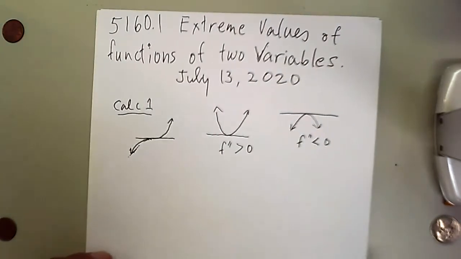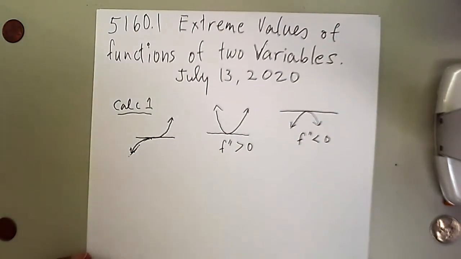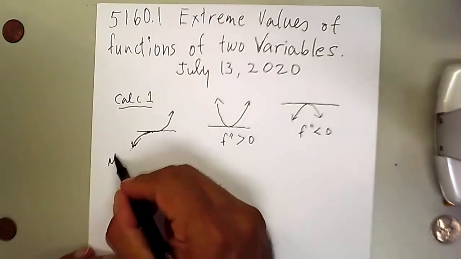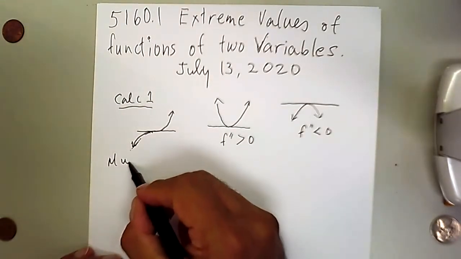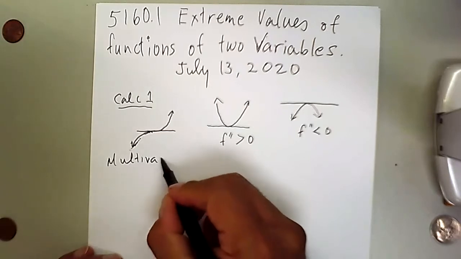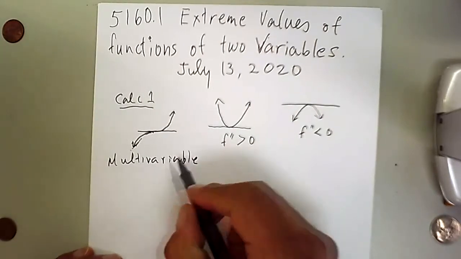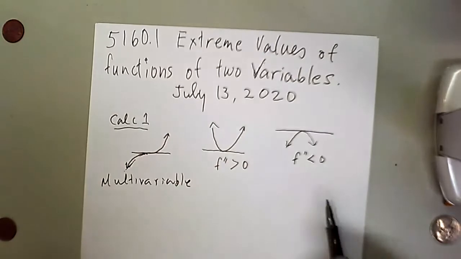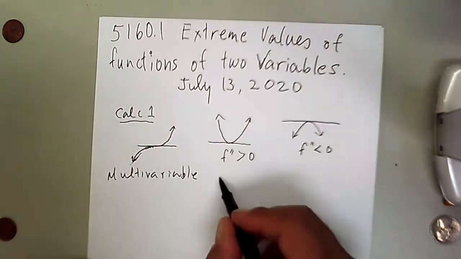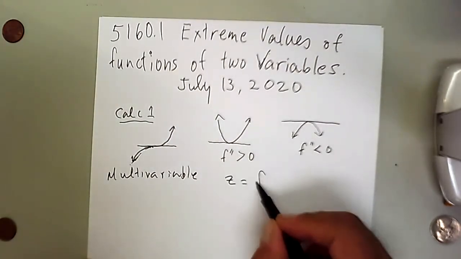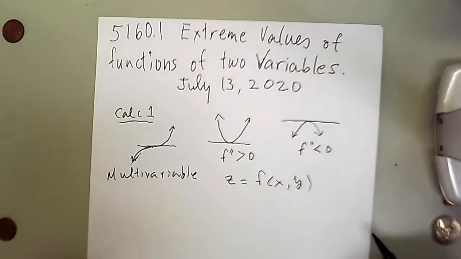So before we start, let's talk about what we mean by local maximum and local minimum. Multivariable. Specifically, though, functions of two variables. So we have a z, which is a function of x and y, which is a surface.